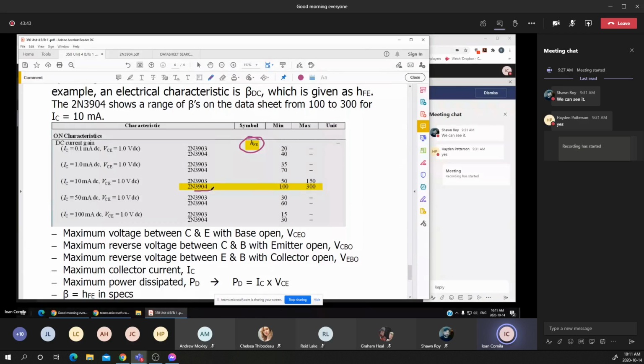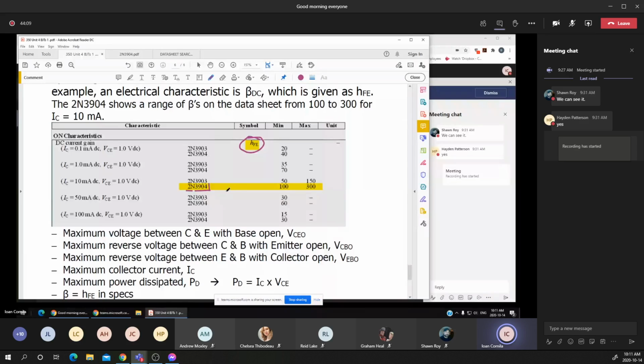2N3904. You notice that diodes most of the time are labeled as 1N. The BJTs, or transistors, are labeled with the first two symbols 2N. 2N, most of the time, is a transistor that's a BJT.